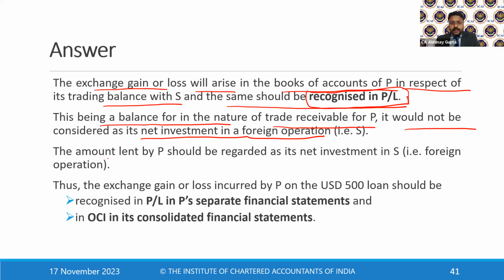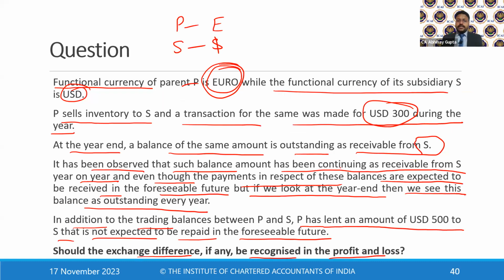But for the second transaction, the amount lent by P, should it be regarded as net investment, yes or no? Yes. Why? Because the question's facts clearly say that this is not expected to be repaid in the foreseeable future, right?